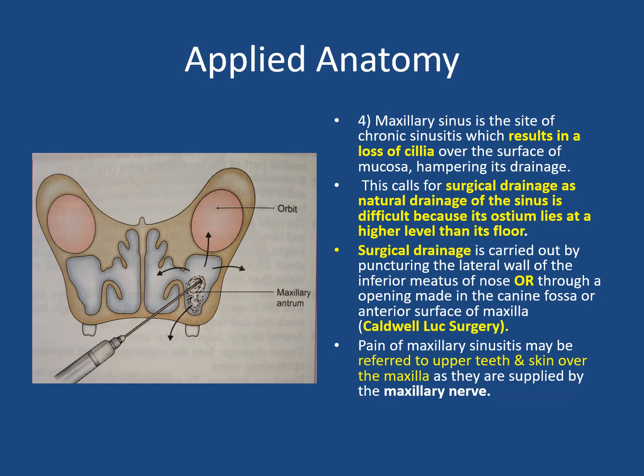So the maxillary sinus is commonly affected in sinusitis. It is the maxillary sinus which is most commonly affected. So the maxillary sinus is the site of chronic sinusitis, which results in a loss of cilia over the surface of the mucosa, hampering its drainage.